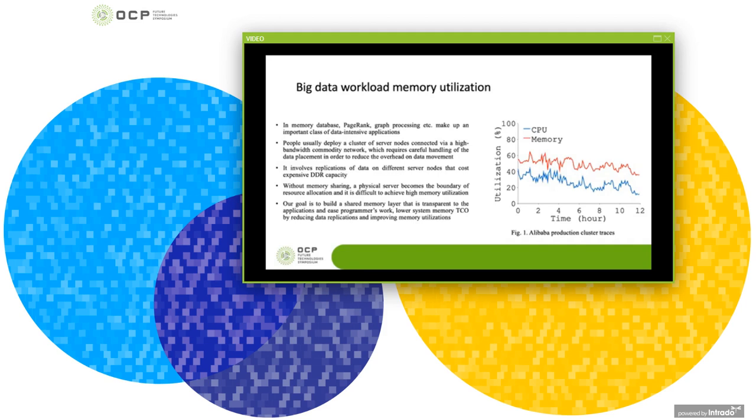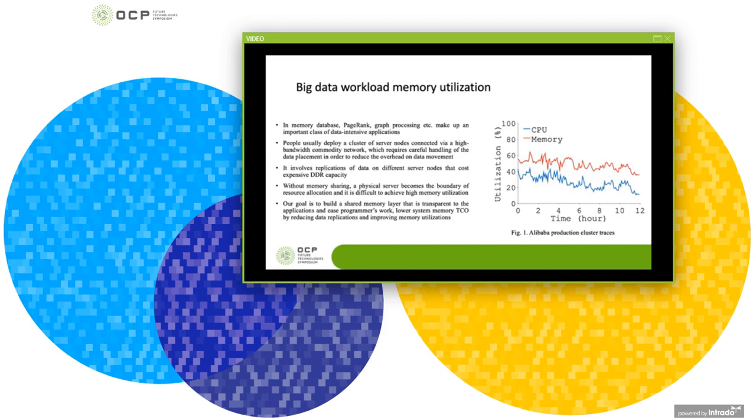And it usually involves replications of data on different server nodes that cost expensive DDR capacity. Without memory sharing, a physical server becomes the boundary of resource allocation and it's difficult to achieve high memory utilization.